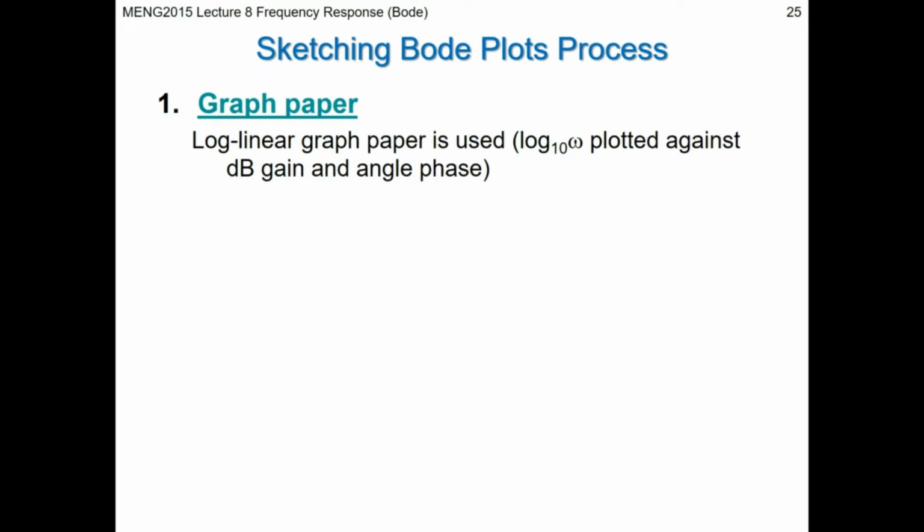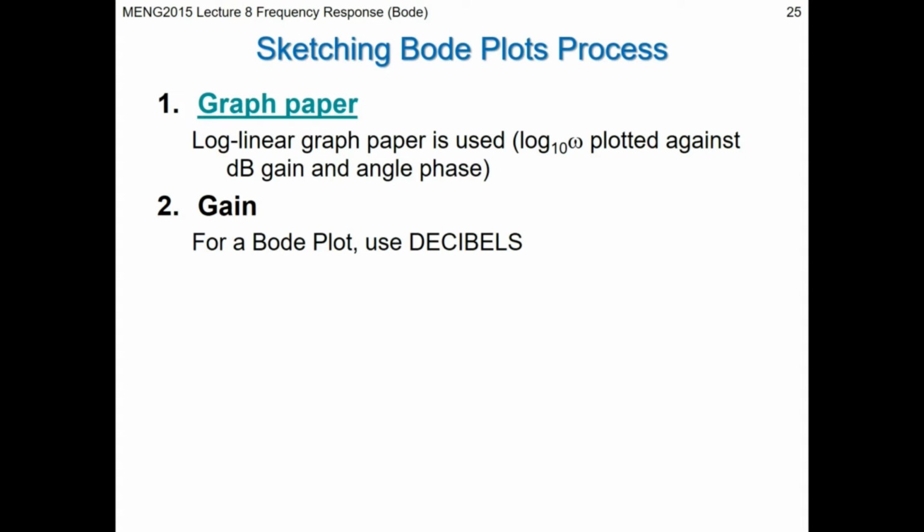We use special graph paper, semi-log or log linear graph paper. So log of omega to the base 10 is plotted against decibel gain on one axis, and when we're plotting by hand, we tend to use the same ordinate and two separate abscissas. On the other axis, we use the phase angle.